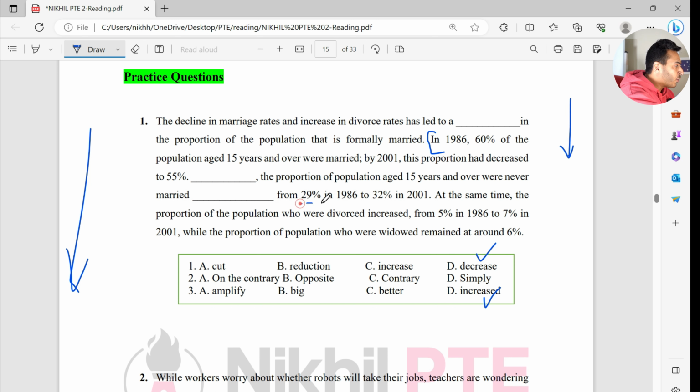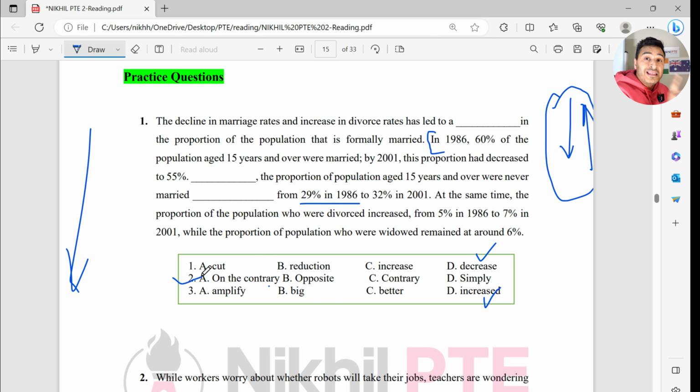So here we are talking about contrary things. Opposite alone is not a connector, contrary alone is not a connector, simply is not a connector, on the contrary is the connector. So the second answer will be on the contrary. Options: however, on the contrary, opposite, contrary, simply. Simply will never come. You will be confused between the first three options.